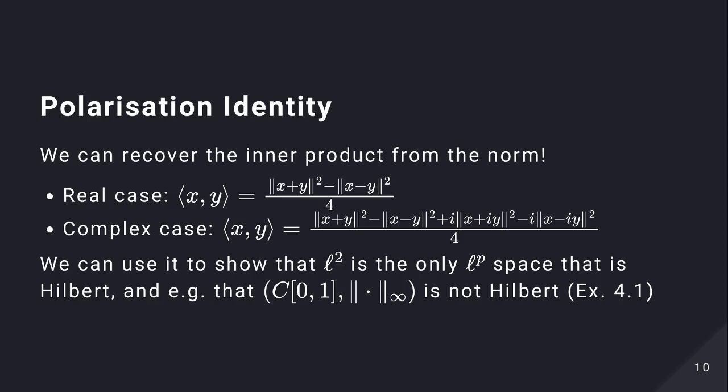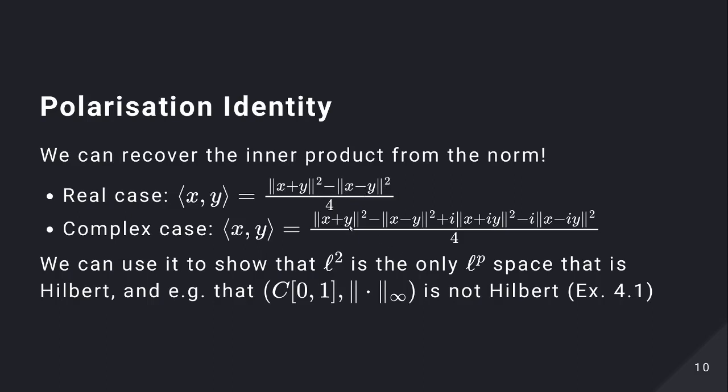The way we can get that is using something called the polarization identity. It basically says that, at least in the real or complex case, we can always recover the inner product from the norm. So in the real case, we just take the squared norm of x plus y minus the squared norm of x minus y and divide it by 4. And the way we get that is really using the parallelogram law.